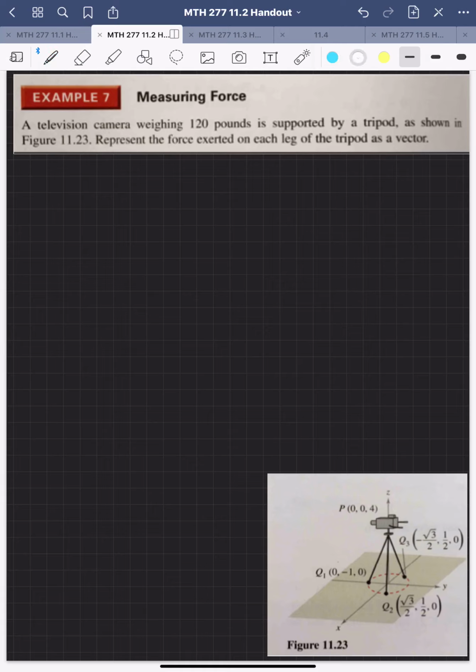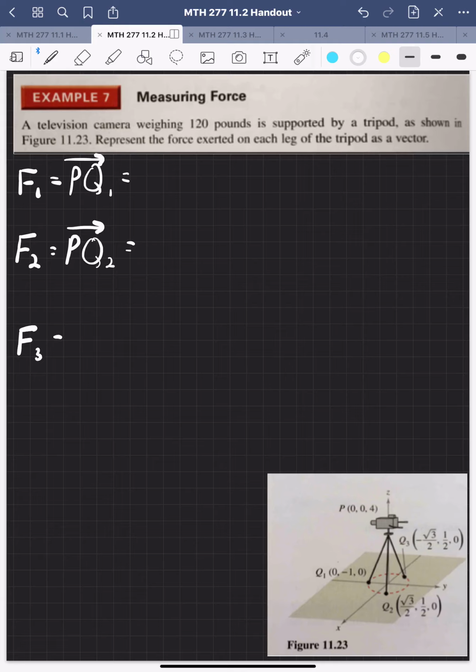So there's a force that's being exerted. Let's call the first leg of that tripod P to Q sub 1, and we want to know the force of that. We also want to know the force of P to Q sub 2, and we also want to know the force being exerted on the last leg, which is P to Q sub 3.